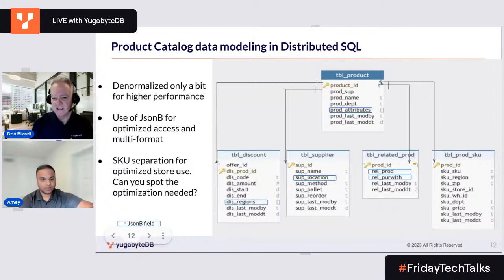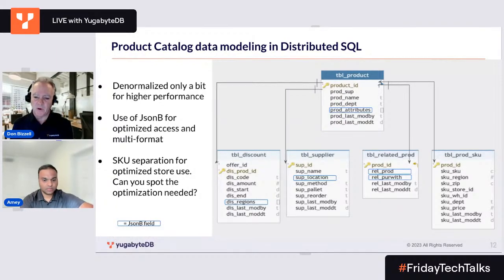So we're breaking these into groups, right? We'll keep the SKUs separate from the products. One product might have 5,000 SKUs, for example. We'll keep the related products for the website separate. We'll keep the suppliers and all the supply chain information separate, and the marketing and the discounts and so forth. We'll keep all of that separate. And so we can join these very quickly, but not with joins, but with primary key lookups.